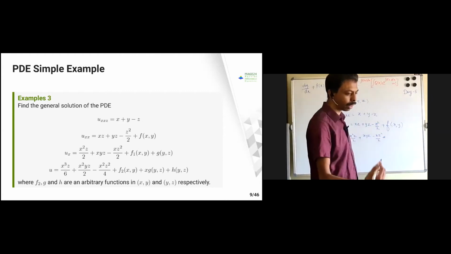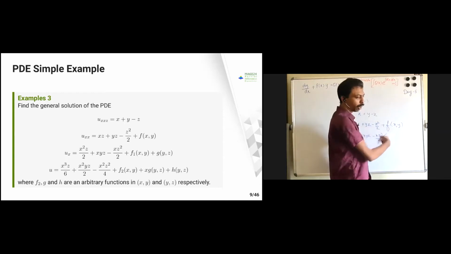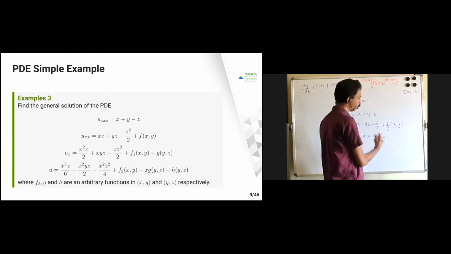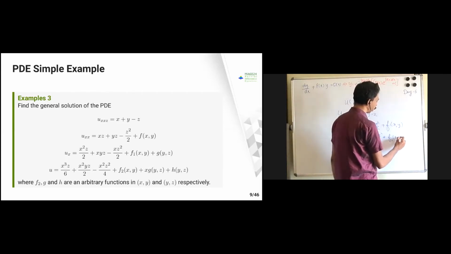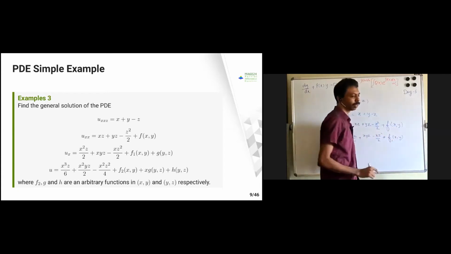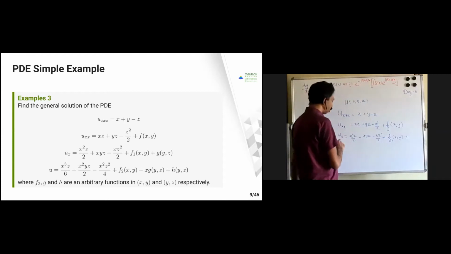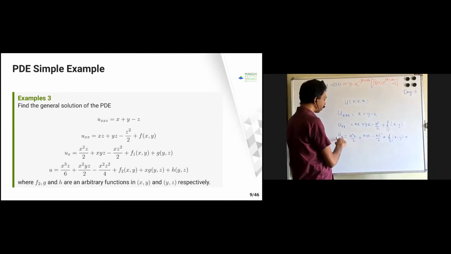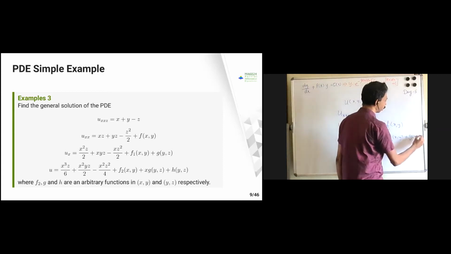No, this will become another function, because here x is there, which I also got to integrate. So that will become some other function, f1 of x, y, because x is involved here. Plus, now one more constant will come. I'm just integrating with respect to x, therefore that constant should be independent of x, so that is going to become some g of y, z.